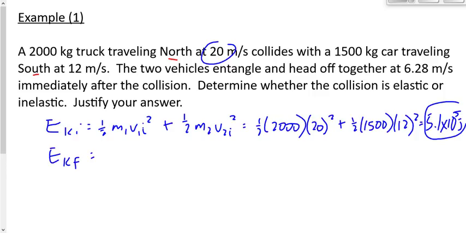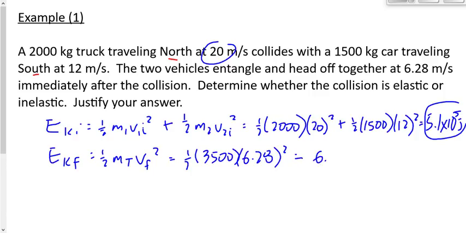My final kinetic energy is 1/2 of the total mass times VF squared, 1/2 of 3,500 times 6.28 squared equals 6.9 times 10 to the 4. Kinetic energy was lost. It's inelastic. We knew that because they stuck together.